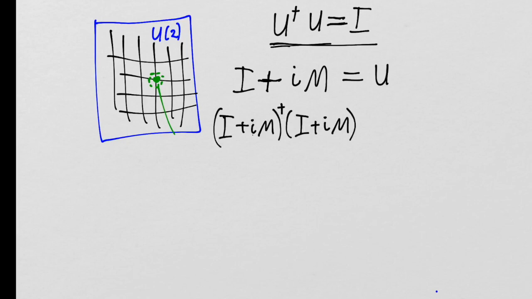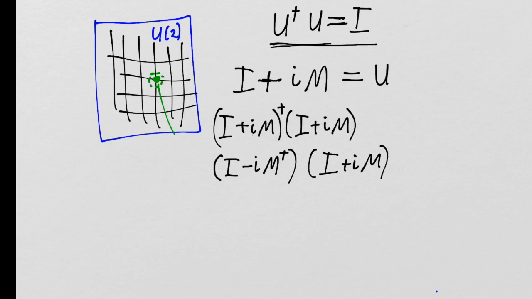So I begin by writing down the required property in terms of this infinitesimal element near U, and I go ahead and figure it all out. So this conjugate transpose leaves I unchanged, gives me a minus sign on this little I there, and then it gives me M conjugate transpose, and then this is just I plus I M, right?